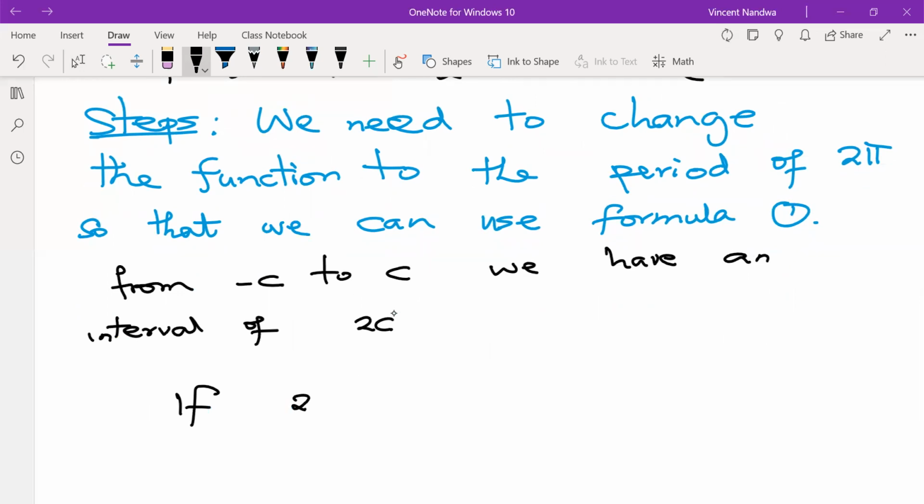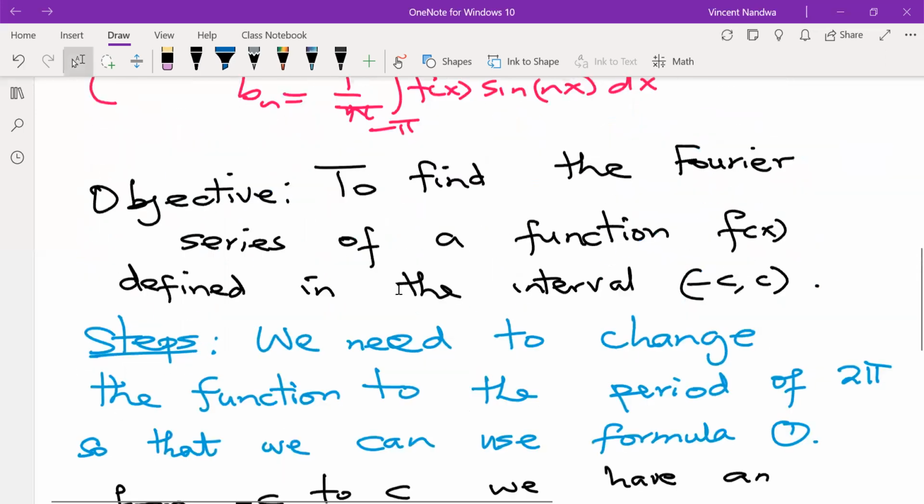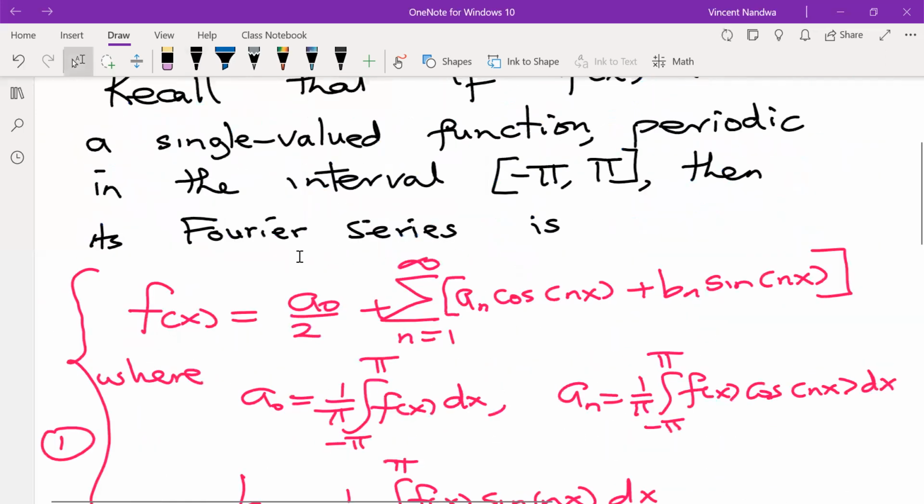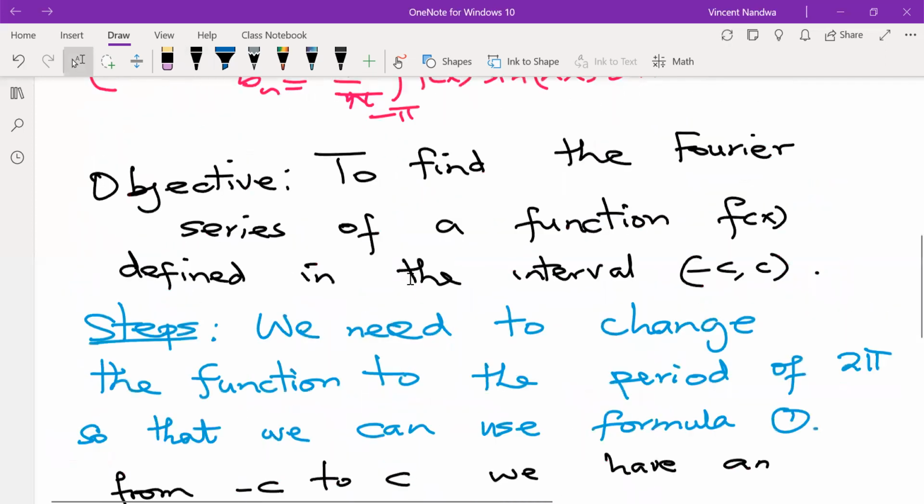this interval of 2c is equivalent to the variable x of a function f of x, what would be the value of the interval 2 pi, which is the interval for which this arbitrary function f of x is defined in formula 1?